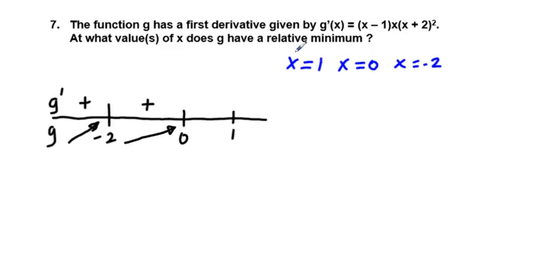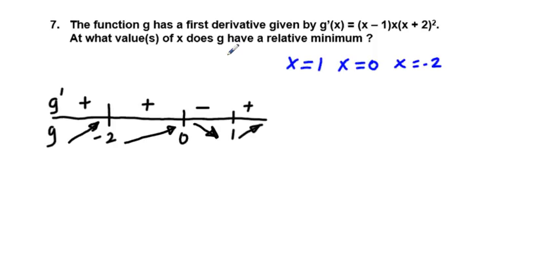And now we get to x equals 0. We get past it and say 1/2. If we choose 1/2, 1/2 minus 1 is negative, 1/2 is positive. A negative times a positive is negative. And so the function is decreasing between x equals 0 and x equals 1. And finally, a number bigger than 1, say 2, we'll have a positive times a positive times a positive. And so there we have it.